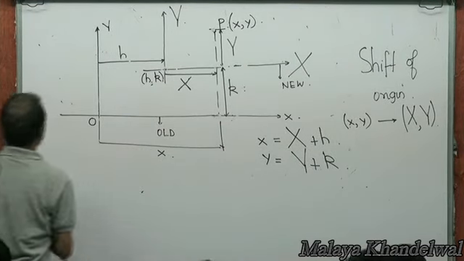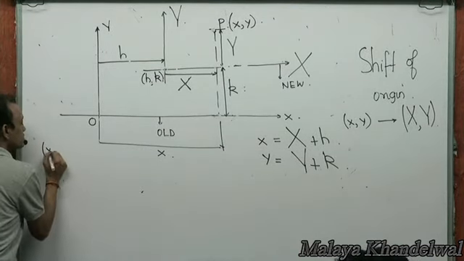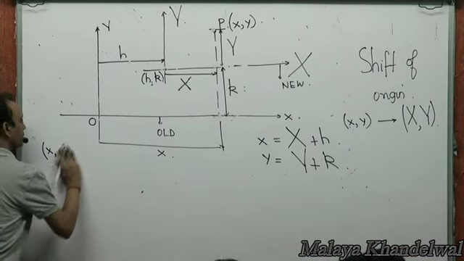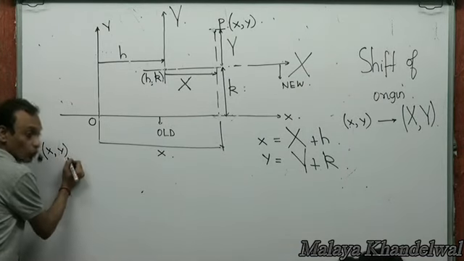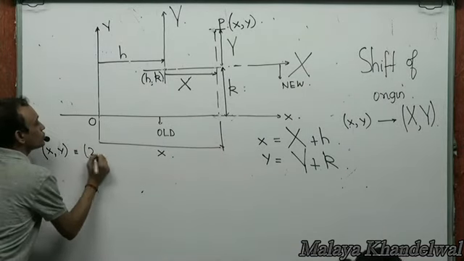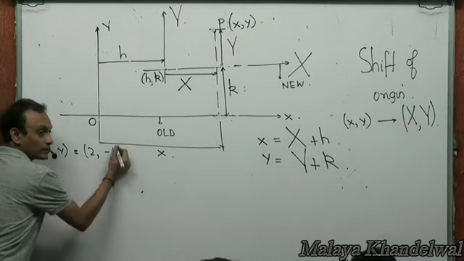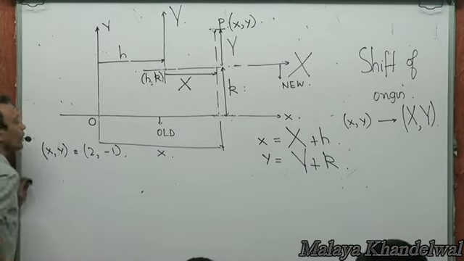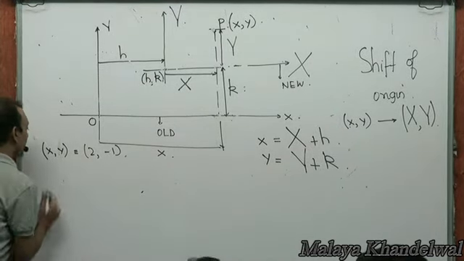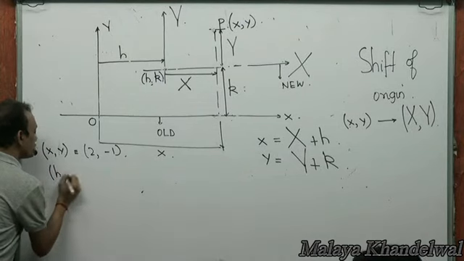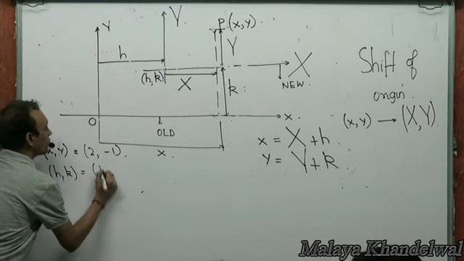That means if there is a point small x, small y in the old system, say it is 2 comma minus 1, right? And the origin is shifted to h, k, which is 1 comma 3, say.